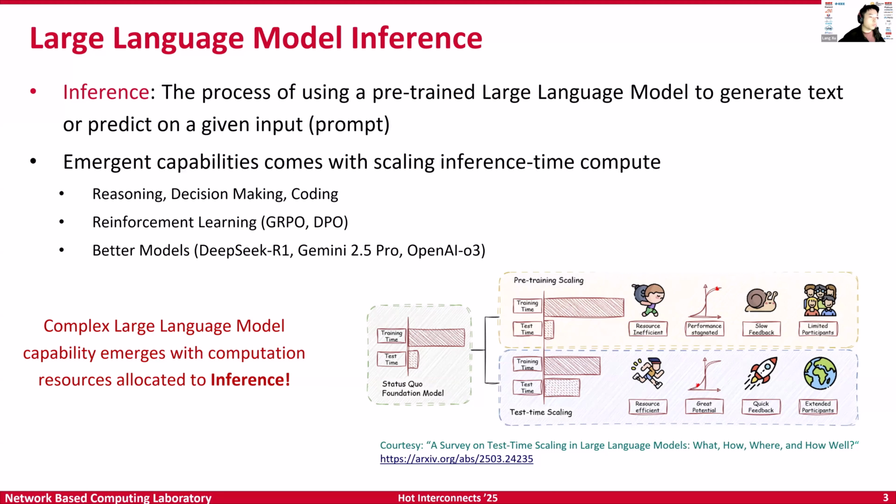Generally, scaling inference-time compute allows a bigger playground for all of these techniques to come together, and complex large language model capabilities apparently emerge with computation resources allocated to inference.